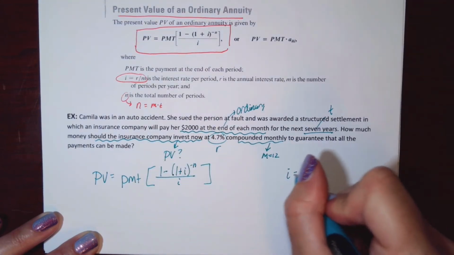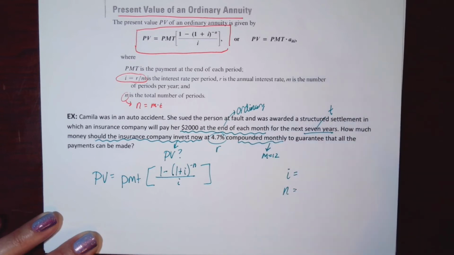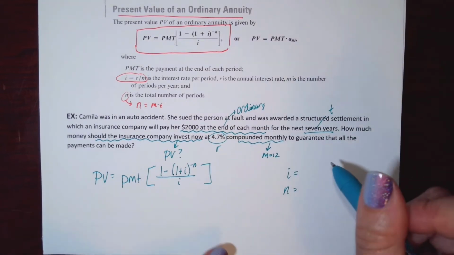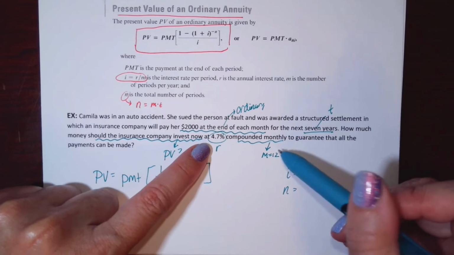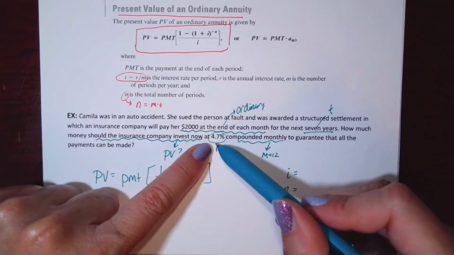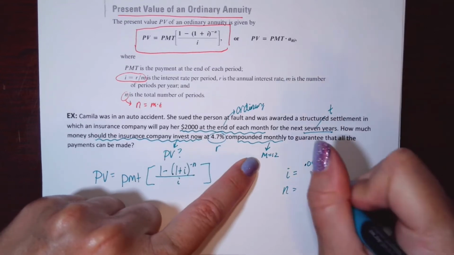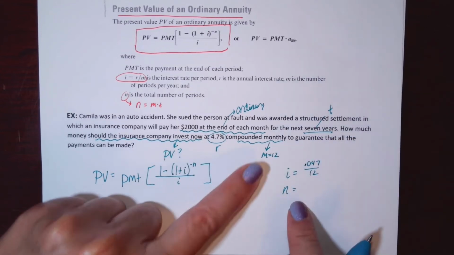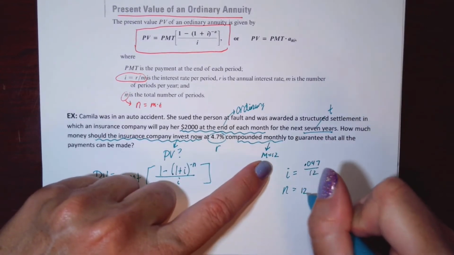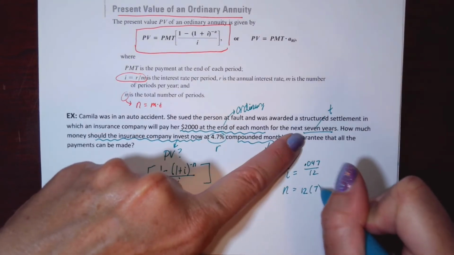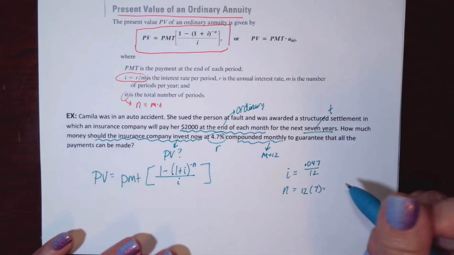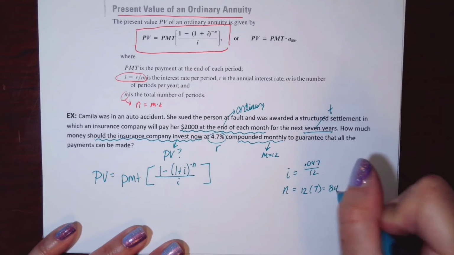So I need to calculate I, and I need to calculate n. I is going to be rate over M, my compounding period. So rate becomes 0.047 compounded monthly. N is that compounding period times the number of years. So 7 times 12 comes out to be 84.